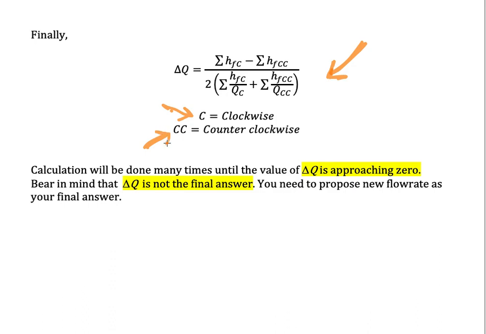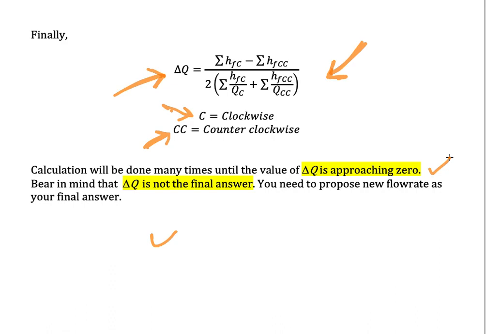In the Hardy-Cross method, in the first half of the calculation, we need to determine the value of delta Q. But the final answer is not the delta Q. As I mentioned, the calculation will be done many times until the value of delta Q approaches 0. So delta Q is the indicator of whether your answer is correct or not.